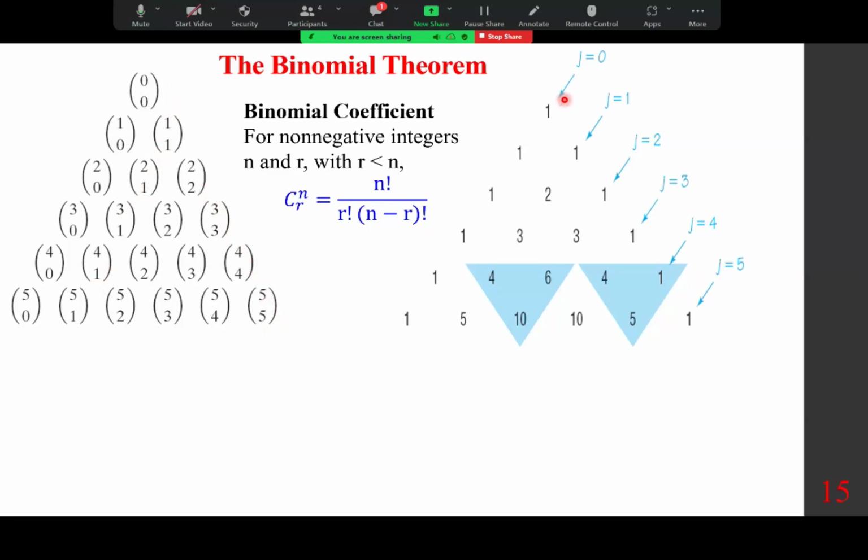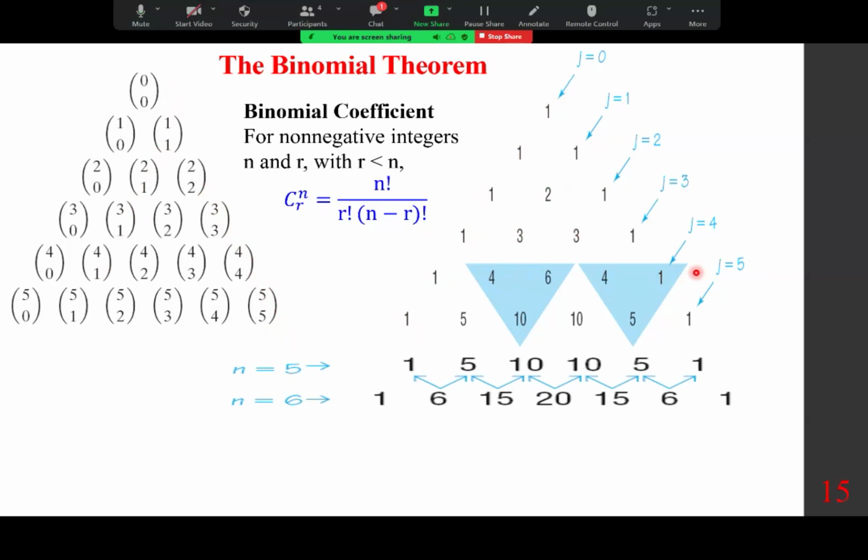You put 1 all the way down. This is a triangular shape. You put 1 all the way down. And then in order to go this way, you add these two numbers, you get 2. You add these two numbers, you get 3. You add these two numbers, you get 3, and so on and so forth. Notice now this is n number 5. What happens to n number 6? This 1 continues. The next one is 1.